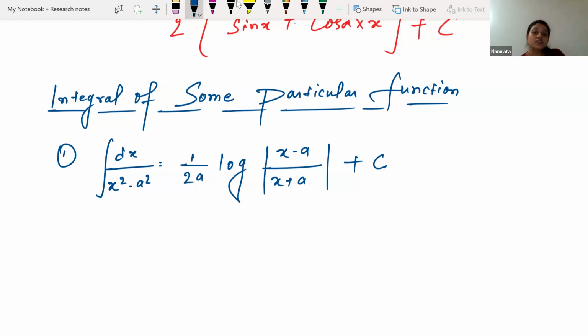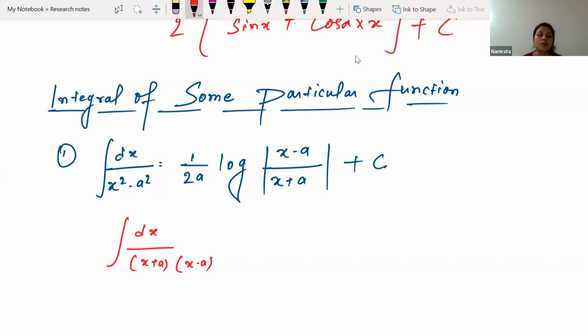How exactly this formula came, I'm just telling for this one. The rest of the proofs we are not going to do. So here x square minus a square can be written as x plus a in one bracket and x minus a in another bracket, right? Now here we will be doing some arrangement.